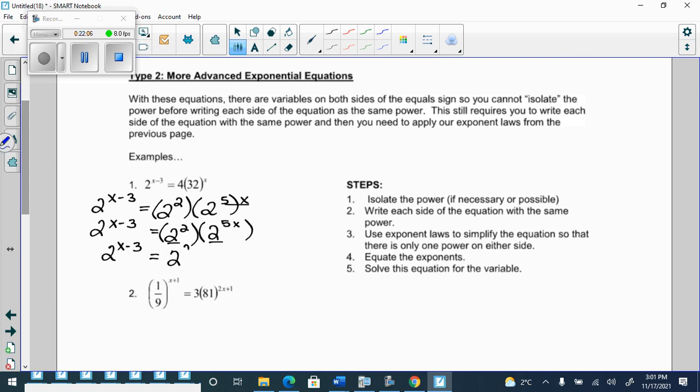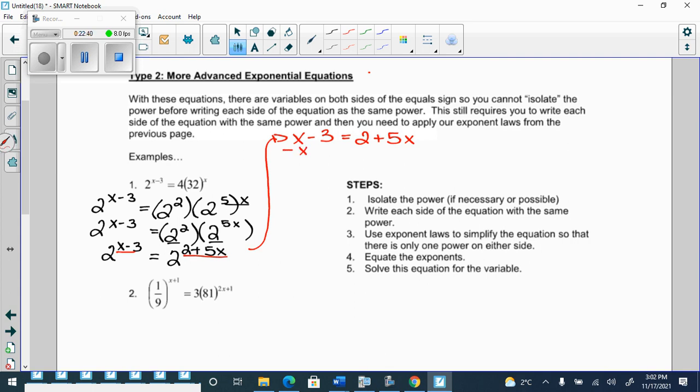And if it's 2 to the x minus 3 equals 2 to the 2 plus 5x, I can say x minus 3 must equal 2 plus 5x. And now I just solve, right? So I'm going to subtract my x. And we get negative 3 equals 2 plus 4x.